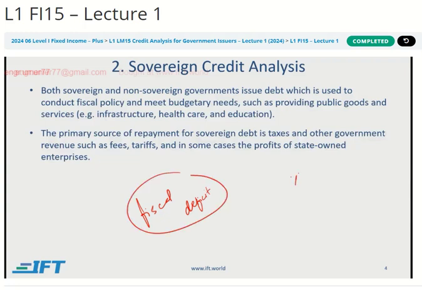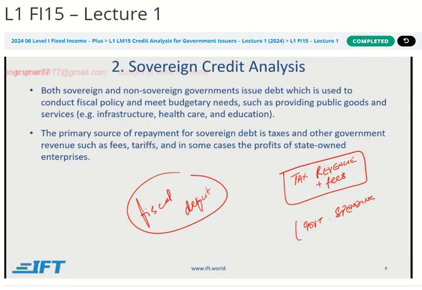So on one side, they have their tax revenue, plus other fees, and that is their source of revenue. And then they'll have their government spending. Usually for countries, the government spending is more than the tax revenue, and the difference is called the fiscal deficit, which is then financed by loans.